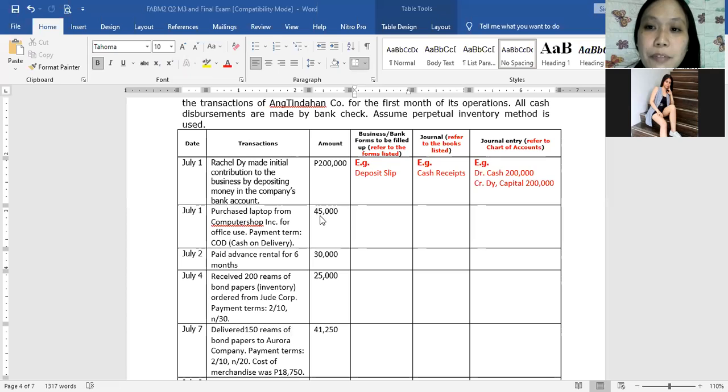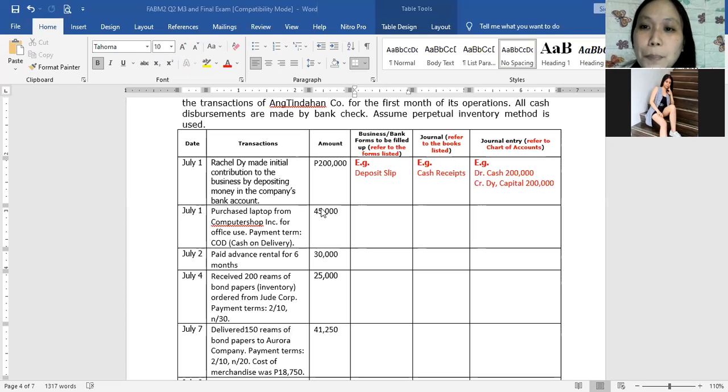Now, the amount is 45,000, that's a big amount of money, so the company has to prepare a check for that. Normally, if it is more than 1,000, the company has to prepare a check, not just ordinary cash handed over directly.